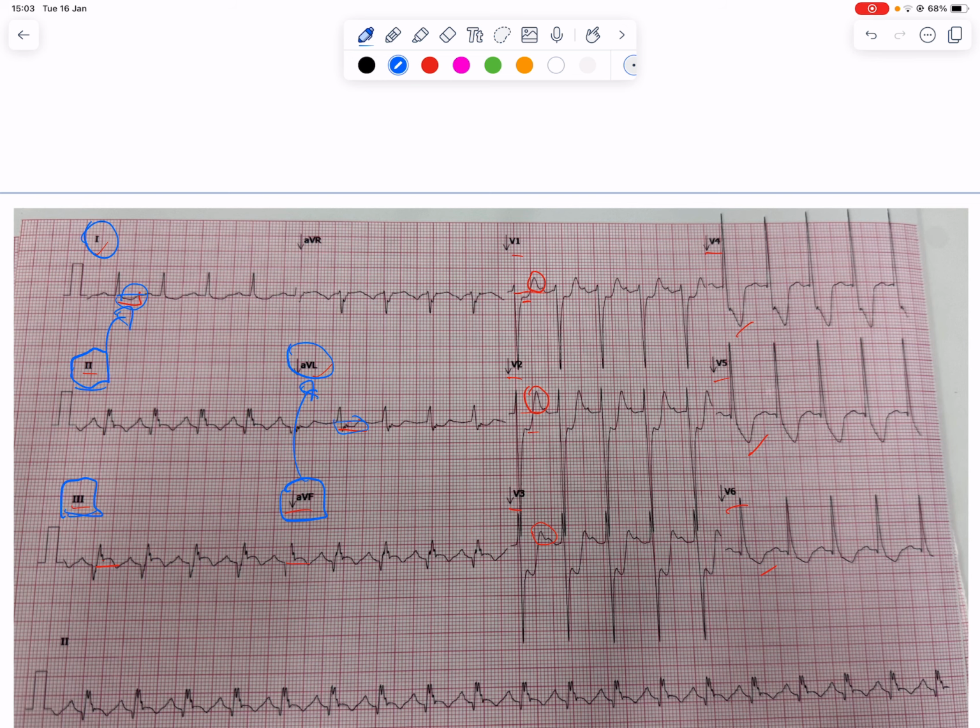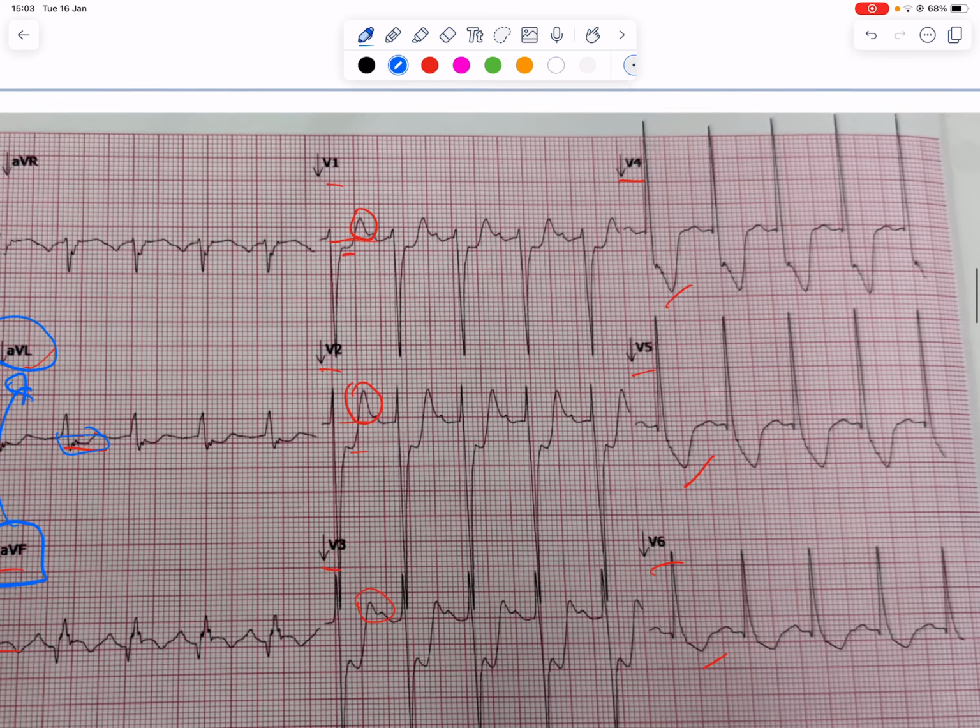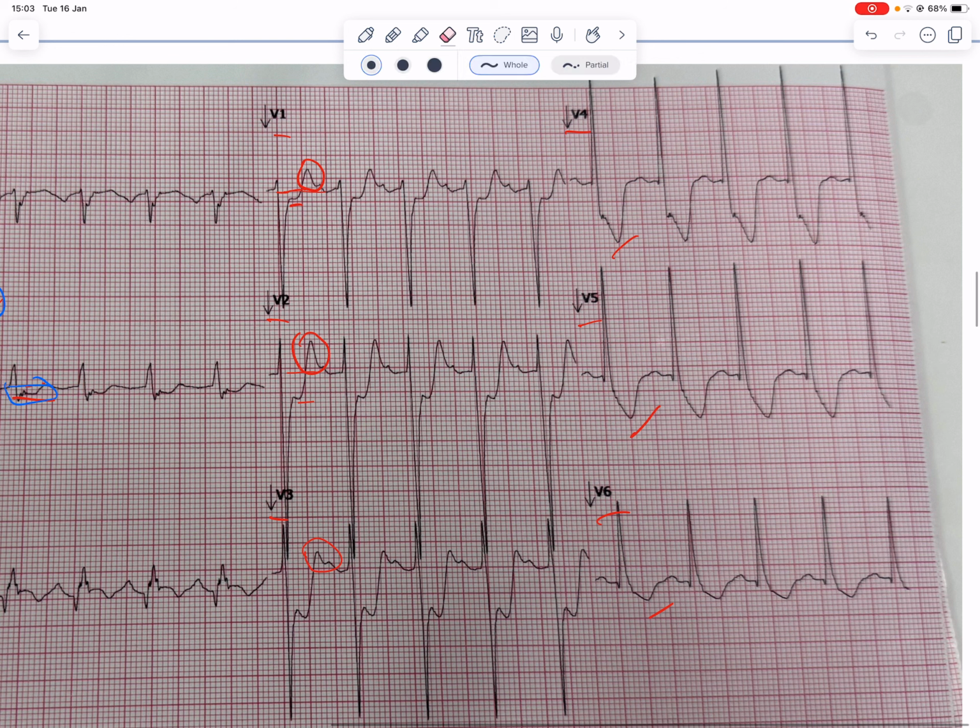The third thing is that we have a reciprocal ST depression in our lateral leads or anterior leads. So this ST depression that we're seeing over here, right, that and that and that, is reciprocal to the posterior STEMI that we have, right?